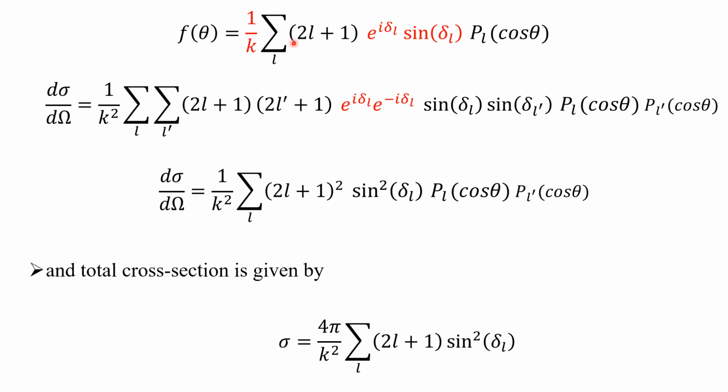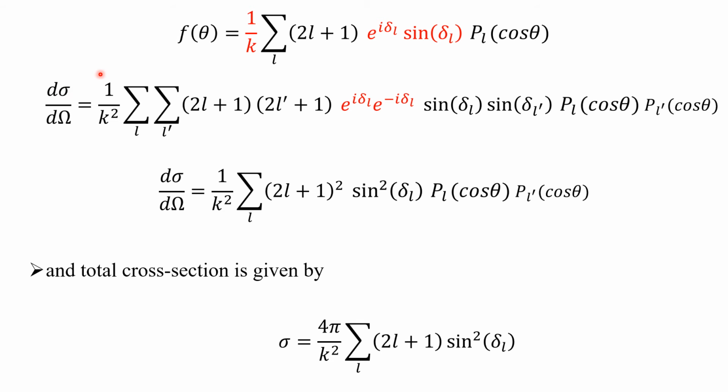And this term (2l+1) will become, we are summing over l and l prime, so (2l+1) for f and (2l'+1) for f star, and this is e^(iδ), and its complex conjugate is e^(−iδ). Similarly sin δ into sin δ', and similarly P_l(cos θ) and P_l'(cos θ). This is the differential cross section.